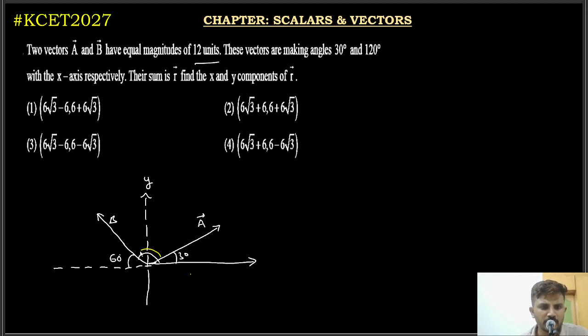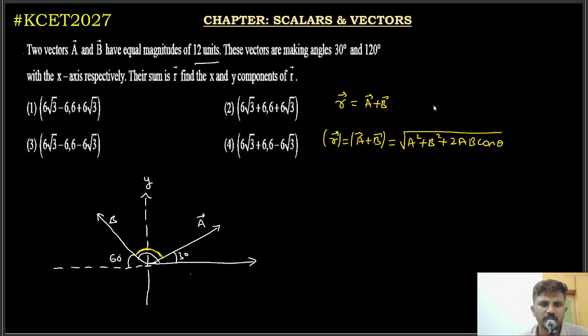The angle between these two will be R, that is equal to A plus B. So the magnitude of R is equal to the magnitude of A plus B, that is equal to the square root of A square plus B square plus 2AB cos theta. Here in this question I will give you the hint.